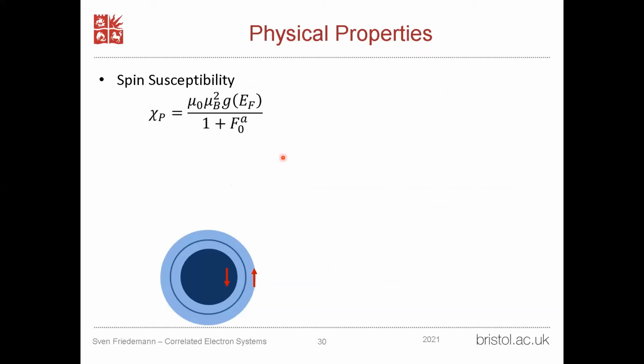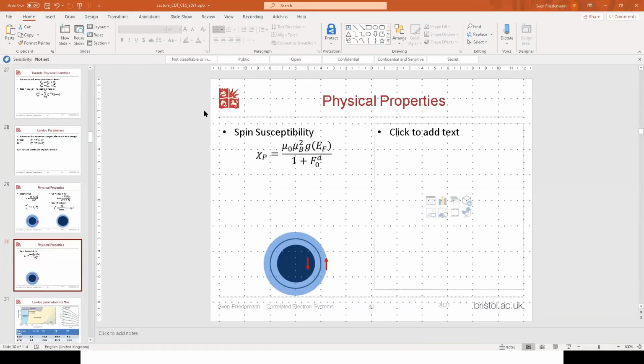That is true for helium-3 atoms and for electrons in metals, as is the specific heat, of course. So the Pauli susceptibility is modified by a different coefficient. It's still the original Pauli susceptibility as we've had it in the previous lecture, and now it's modified by 1 plus F naught A. So that's the antisymmetric zeroth order Landau coefficient.